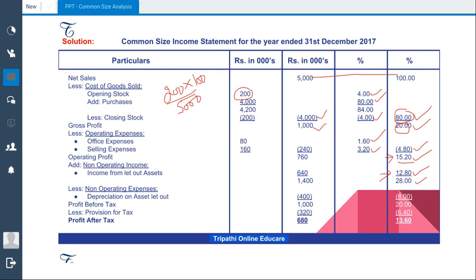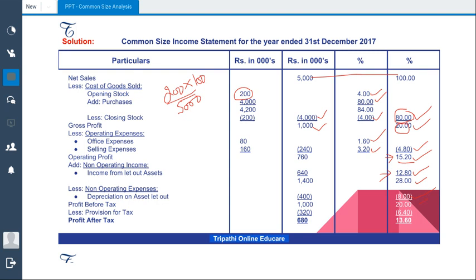Okay, so now we can say that profit till non-operating income is 28%. Now from this 28%, you have subtracted non-operating expense. Calculate the percentage of non-operating expense. It is 8%. So 28% minus 8%, your profit before tax is 20%.